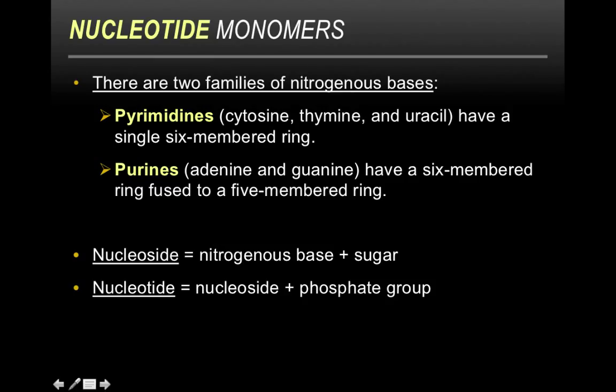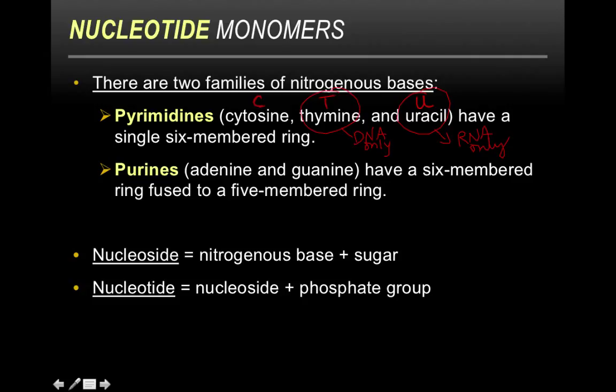And as mentioned, the bases come in two basic forms. Pyrimidines, which have a single six-membered ring. Those include cytosine, thymine, and uracil. Recall that thymine is only found in DNA, and uracil is only found in RNA.